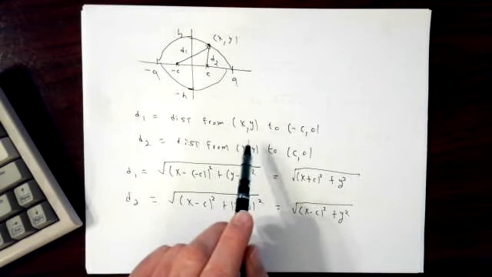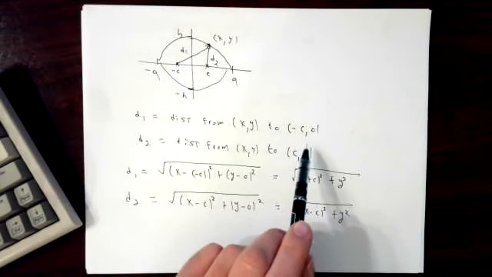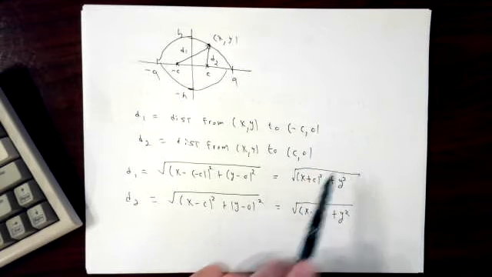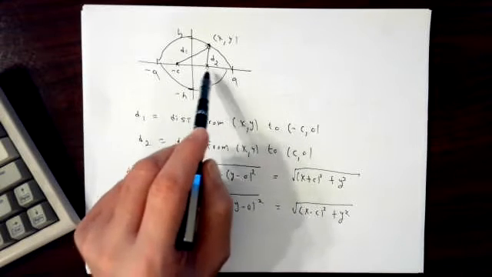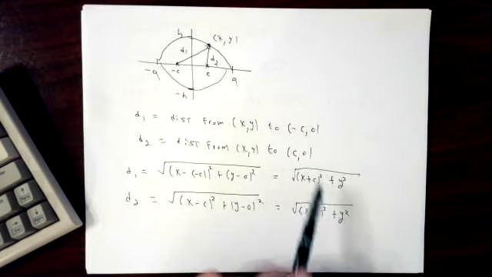D1 is the distance from (x, y) to that focus, which is negative C for the x coordinate, 0 for the y coordinate. D2 is the distance from (x, y) to the other focus, x equals C, y equals 0.